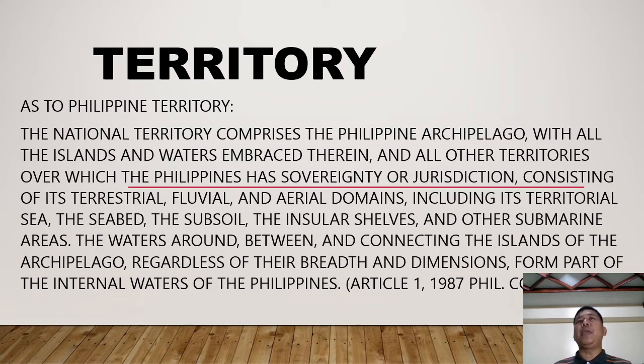So what do we mean by an archipelago? Let us now define what is an archipelago. Because in the case of the Republic of the Philippines and other archipelago countries or states, we define archipelago in this definition.